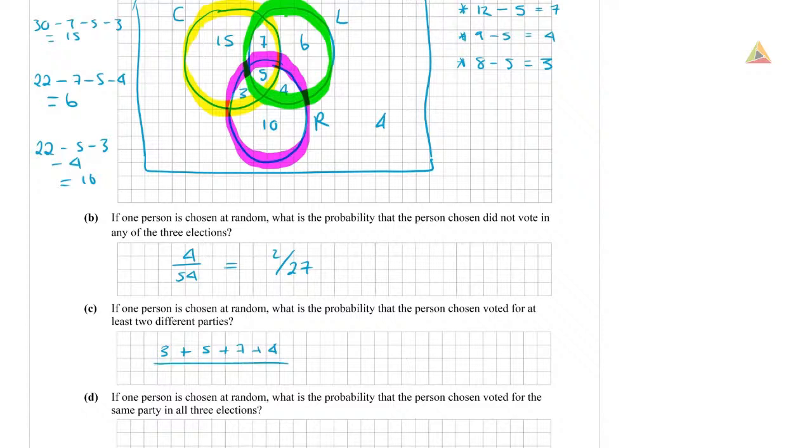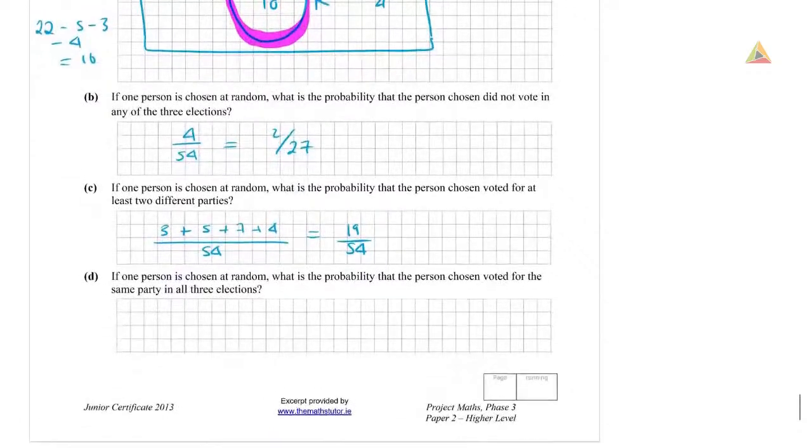And that's out of 54. So what I've done there is I've added all of the intersection bits because they all account for people who voted for 2 parties or more, which includes all 3, which is the middle part. Now when you put that into the calculator, you will get 19 out of 54 and you can leave it as a fraction.